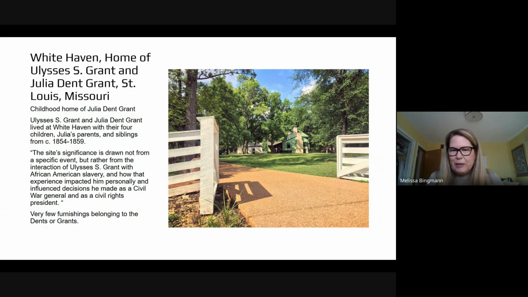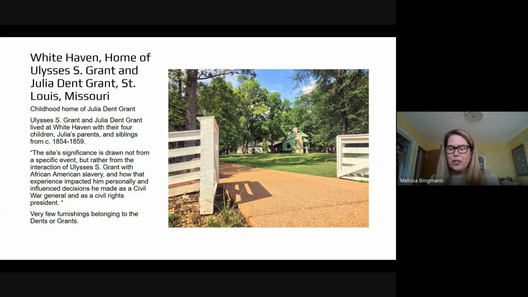But one of the most intriguing things about this site is they didn't have much furniture that had provenance to the site. So one of the big questions they had to ask themselves was, should we furnish this to look like it did between 1854 and 1859, which is a very traditional method of interpretation, or do we not furnish it?